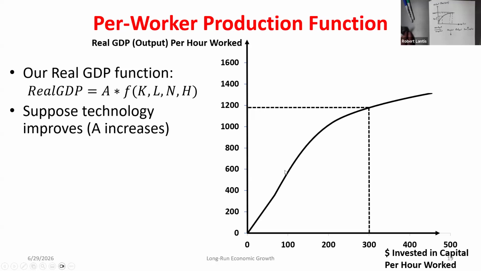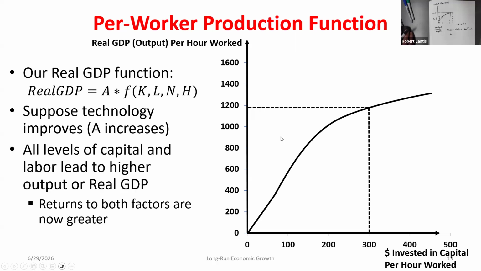However, if it gets multiplied by a larger value, now this investment in the capital would produce a higher level of output. So if I have total factor productivity or increases in A, that's going to increase my production function at every single level of investment.